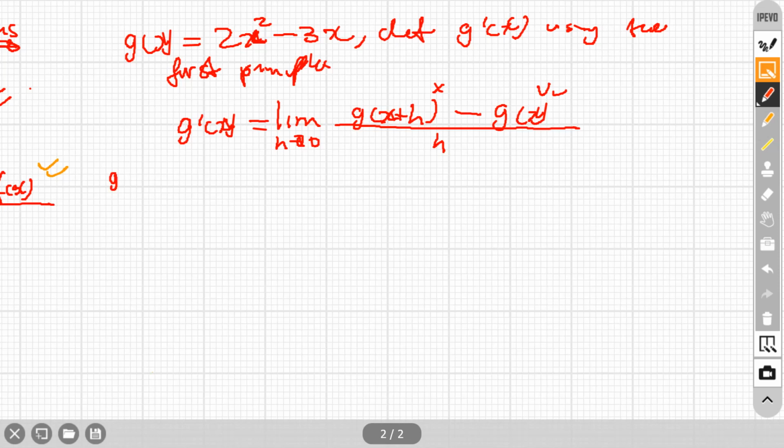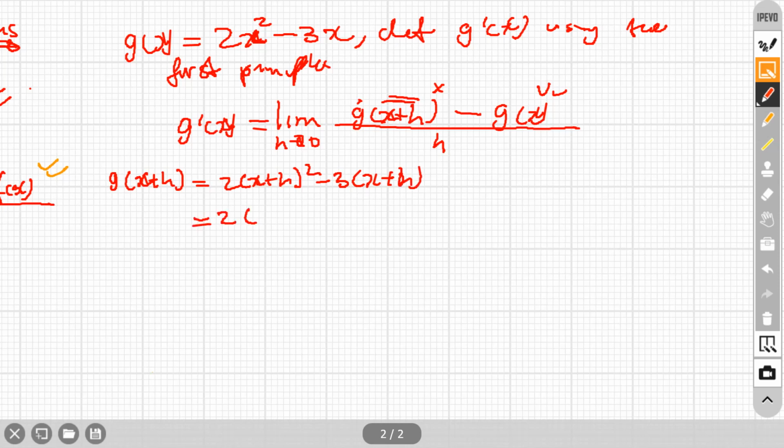This basically means that wherever we see x in g, we're going to substitute x plus h. So g of x plus h is equal to 2 into x plus h squared minus 3 into x plus h. Then we simplify.